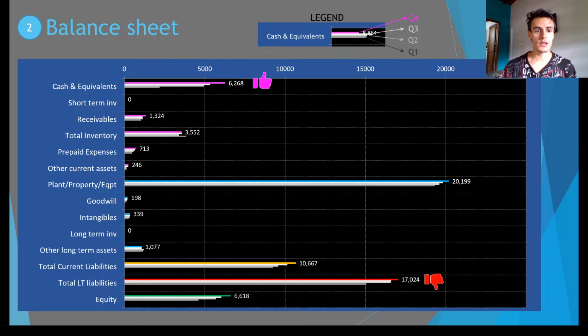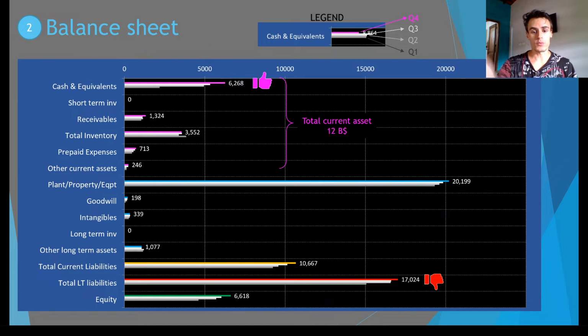What I like is the cash and equivalent increase, from $2 billion to $6.3 billion. Also, what is not mentioned in this Q4 2019 is that they agreed on an extra $2 billion of funding, which brings the cash up to $8 billion. Now, if I look at the total current assets, we have around $12 billion.